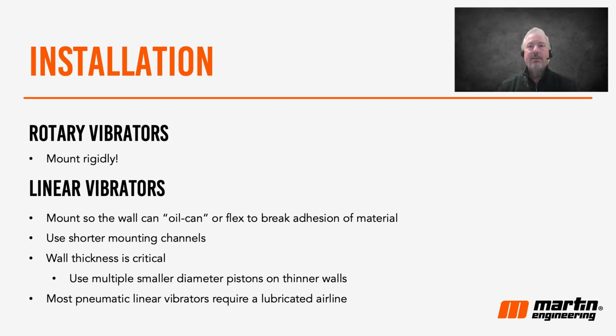And the reason is if an electric vibrator is flexing on the wall, that vibrator is wallowing, fighting itself to get up to speed. That increases amp draws. That increases internal temperatures. Properly sized overloads will trip that vibrator out before it burns it up. But we want it rigid, just like any other electric motor you would have in your facility. You want it rigidly mounted.